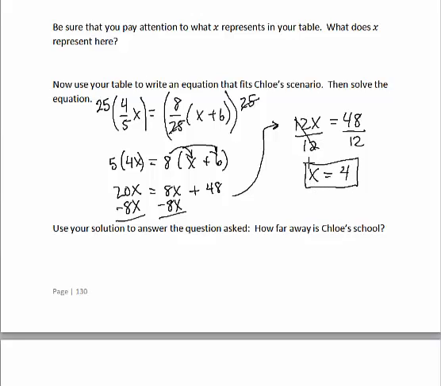And so it's not enough to just have this number 4 to sling around. You have to know what the 4 represents. The way we used the variable up top, we used it in terms of the speed of jogging. So this is her jogging speed.